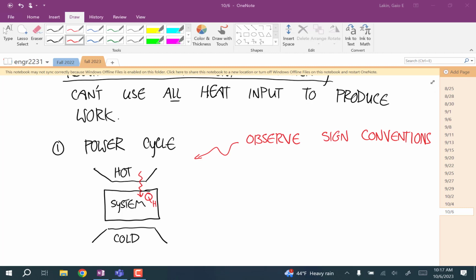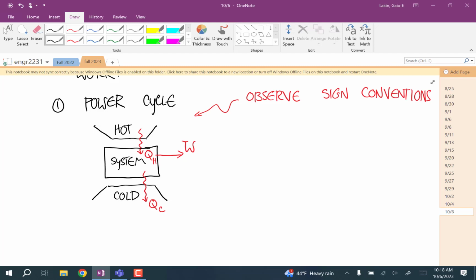I'll try to be consistent. So the heat comes in from the hot reservoir, work is done by the system, and the Kelvin-Planck statement says there has to be some heat ejected to the cold reservoir. That's the exhaust.